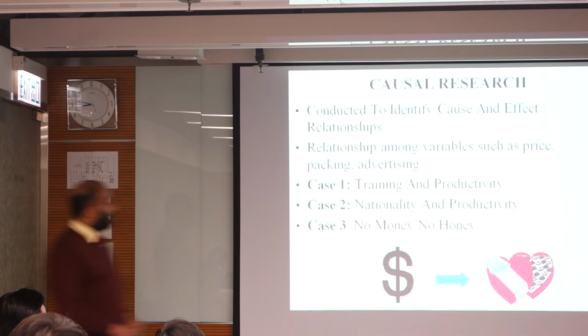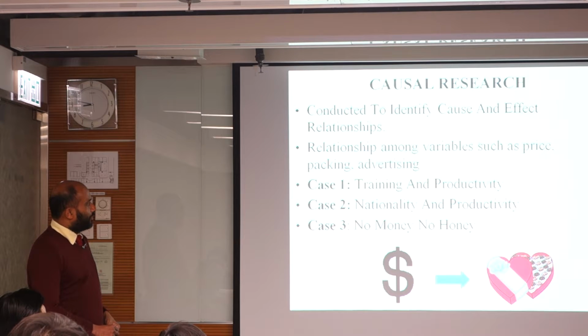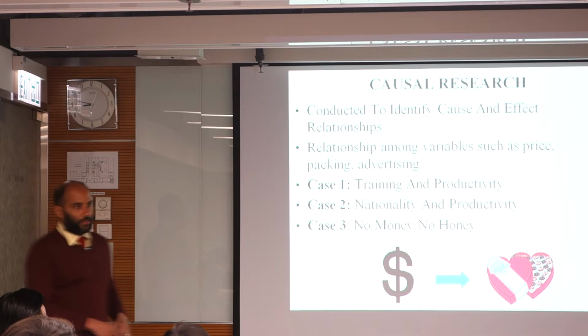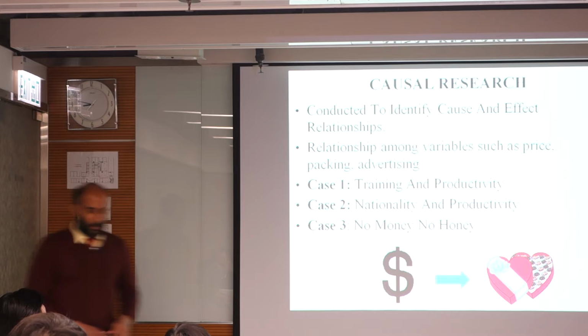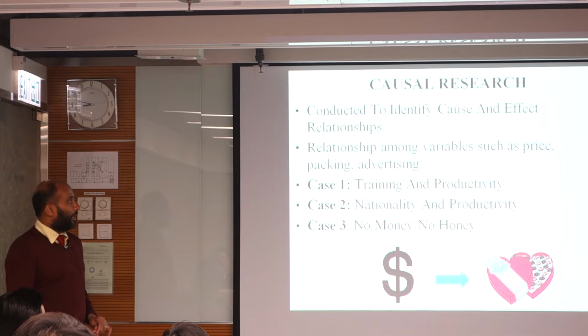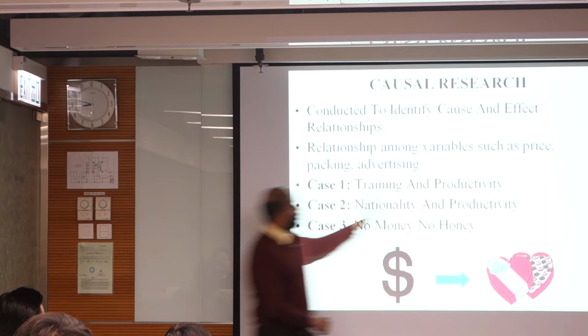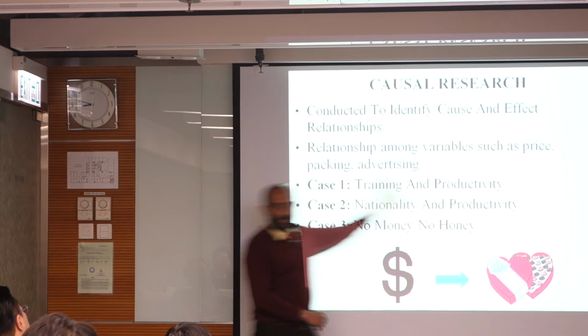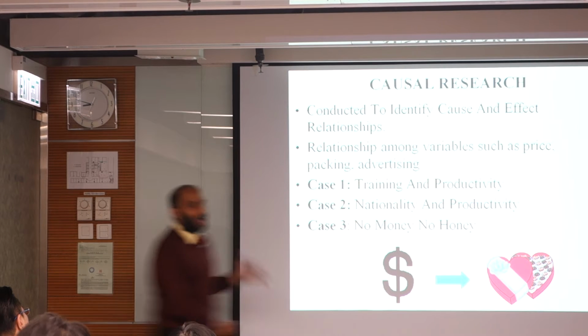So for example, you can design a research question based on case one, like how training could benefit an organization to enhance the productivity of its workers. Now this is a research question, and it is based on these two concepts, training and productivity. There are two concepts and their relationship.